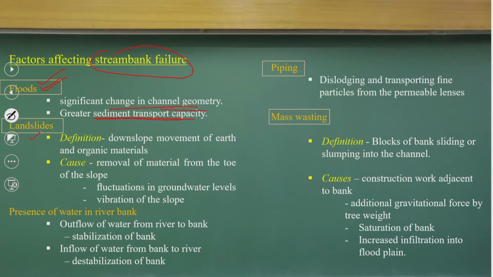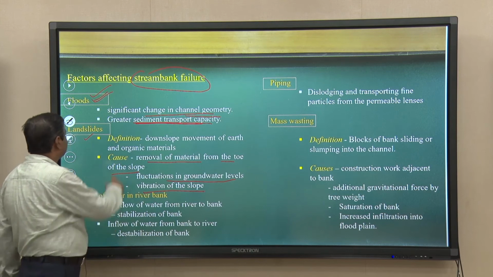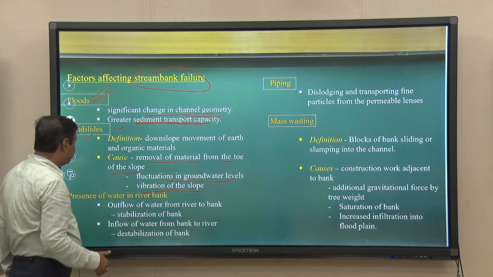Then we should try to understand landslide cases, where small landslide type failure mechanisms happen on the river bank because of fluctuations of groundwater tables and slope variations. Earthquakes can also play a major role in triggering the landslide process at the river bank.